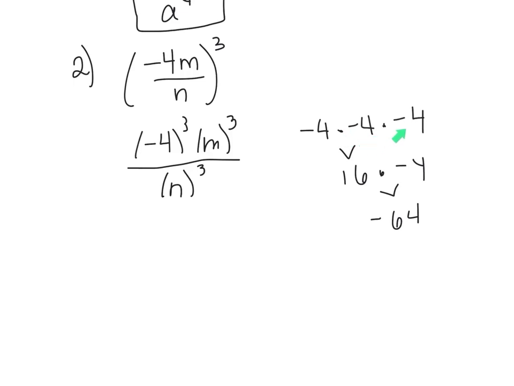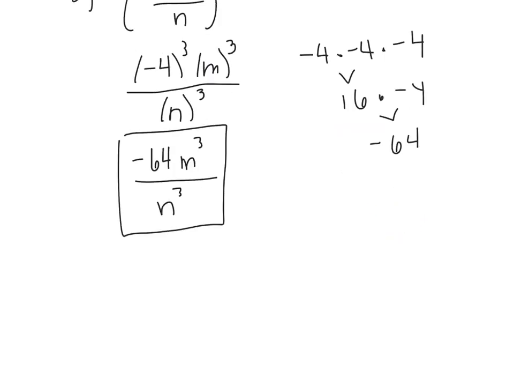Negative 4, negative 4, negative 4. The first pair will give you positive 16 times, bring down your times sign, and the negative 4. 16 times 4 is 64, but a positive times a negative is negative. So when you have an odd number of negatives in multiplication, you will remain negative. So negative 64, m stays to the 3rd power, and then n to the 3rd power, and that's our final answer.